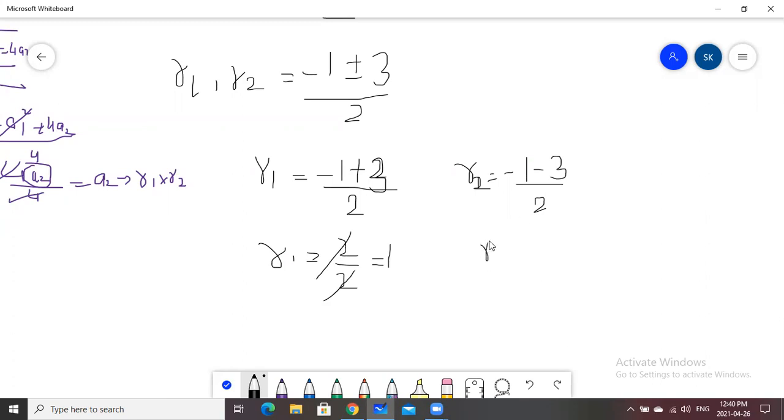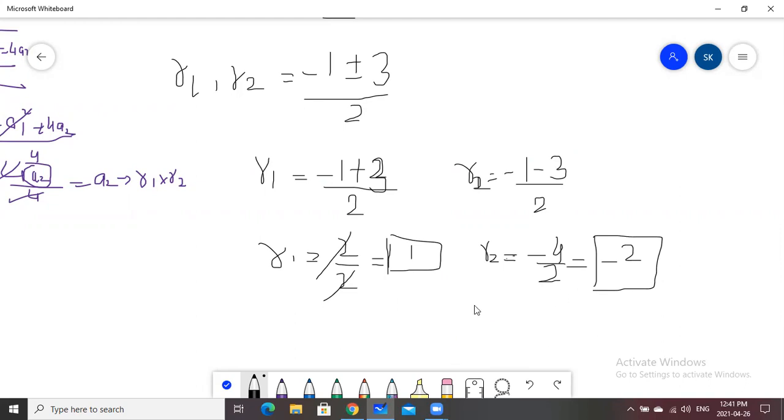And R2 is equal to minus 4 divided by 2, which is equal to minus 2. So, we have two different roots, R1 and R2. The value of R1 is equal to 1 and the value of R2 is equal to minus 2. These both are real numbers.